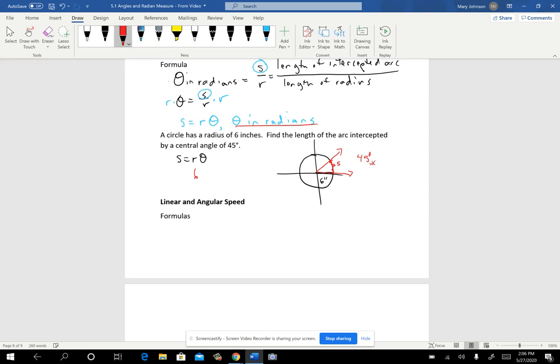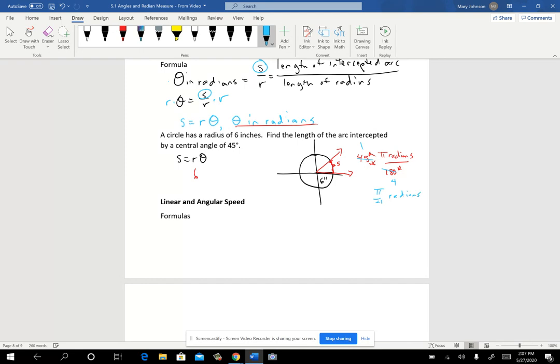You can do it by remembering that conversion fact that pi radians is 180 degrees, and we put the 180 degrees on the bottom because we want the degrees to cancel out. And then we just simplify. So 45 goes into 180 4 times, and so we wind up with 45 degrees equaling pi over 4 radians.